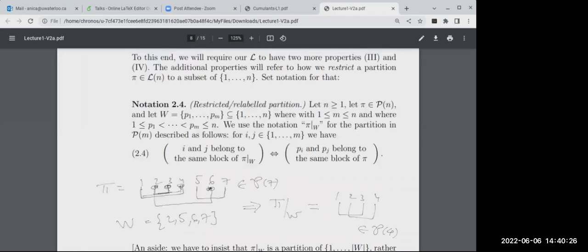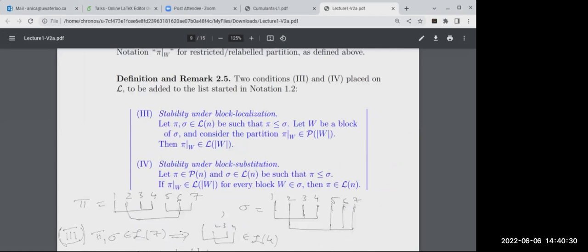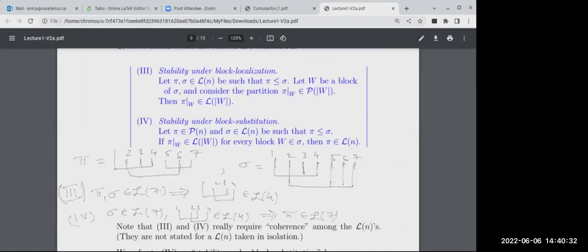So see, here is where I was. I'm sorry, these are some scribblings. And you see here a pi and a sigma. What does this mean? Sigma is bigger than pi.